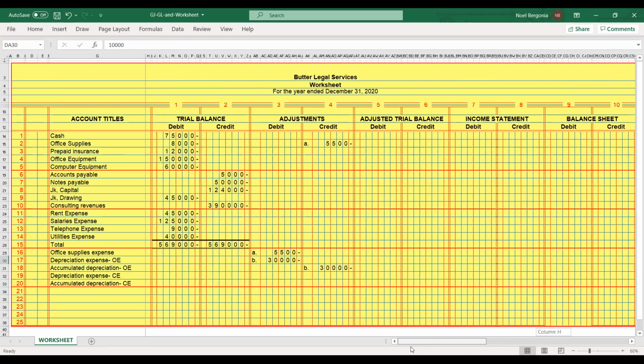So letter C na yon, so debit depreciation expense CE na 10,000. Okay, and then credit accumulated depreciation CE, that would be 10,000. Okay, so yan yung ating data for adjustments letter C about the depreciation of computer equipment.